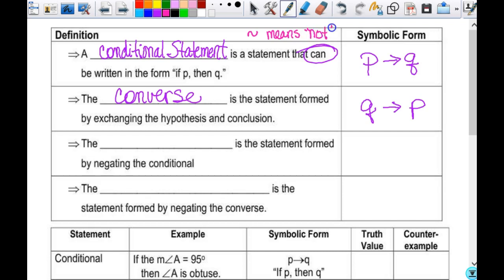Okay, so when you want to negate it, I'm not using a negative sign because we're using words, but that means not in the symbolic world. Okay? Because when we get here, it says the blank is the statement formed by negating the conditional, taking this one and making it negative. So if it's if P then Q, I need it to be if not P, then not Q.